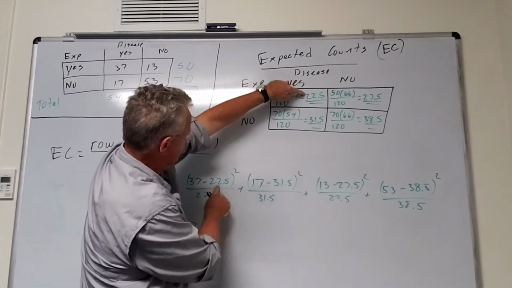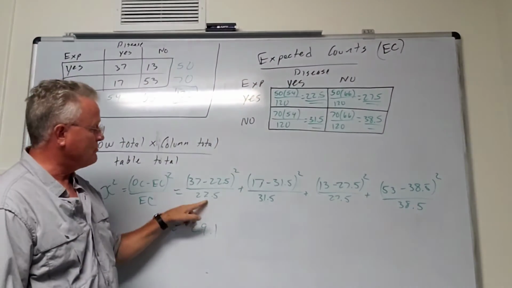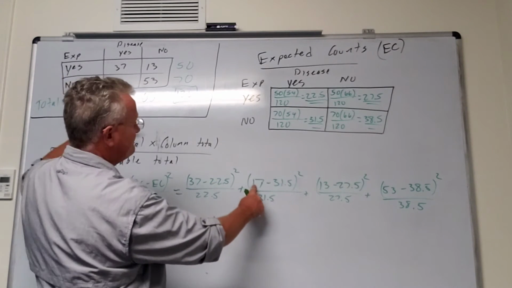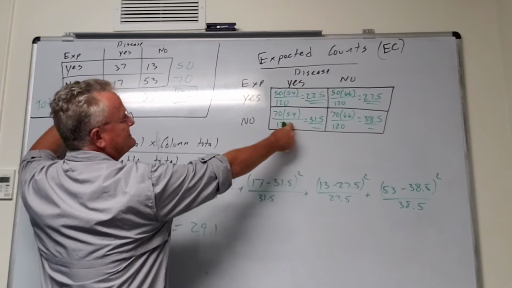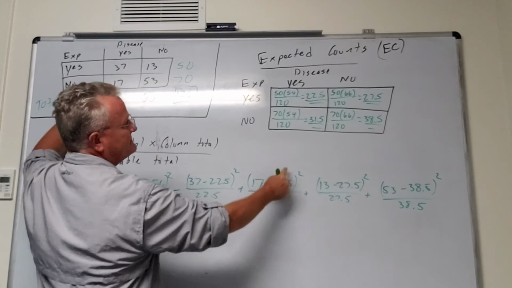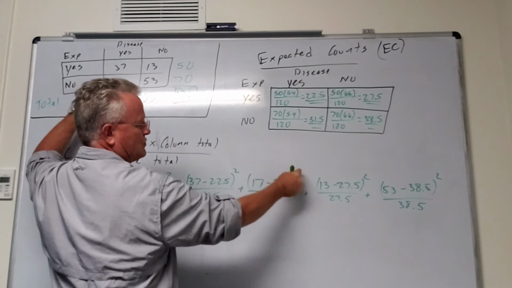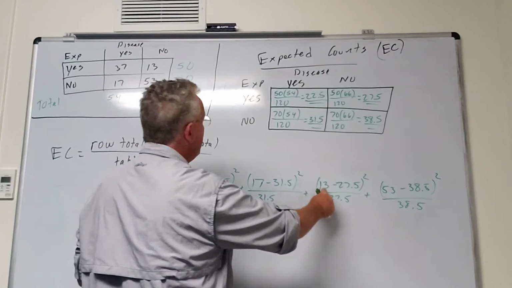The expected is 22.5, so we divide by the expected, 22.5. Here, the observed is 17, that corresponds to this cell. So we get 17 minus the expected, 31.5. Square that, divide by the expected, 31.5.